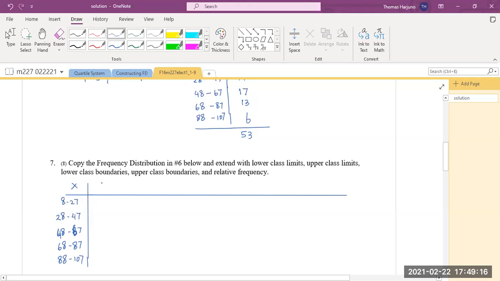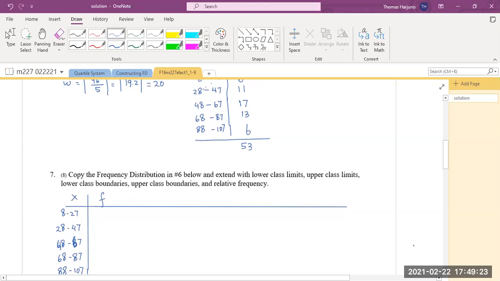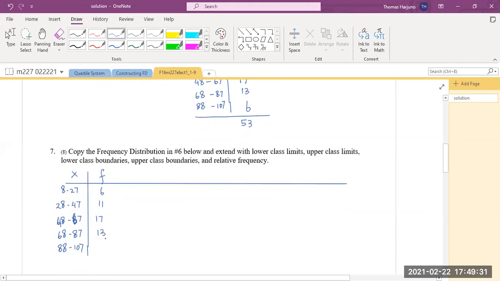And the frequencies are 6, 11, 17, 13, 6, and then I still need to write the total, which is 53. Okay, that's the copying part.